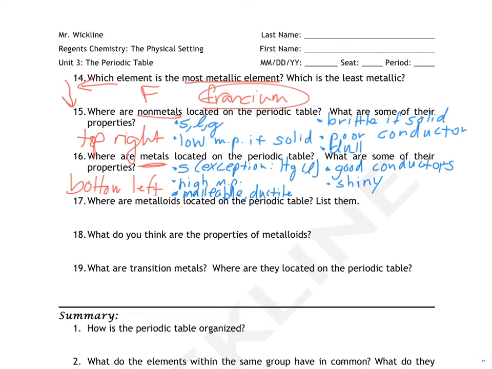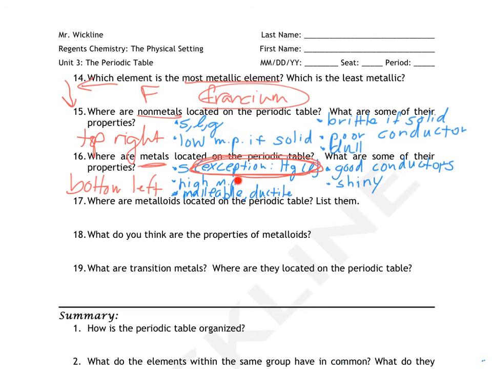So in any case, I said that almost all metals are solid, and I did give one exception. And this is an exception that you are responsible for memorizing before the Regents. And the exception is Hg, which is the symbol that we use for mercury, and it's a liquid at room temperature.